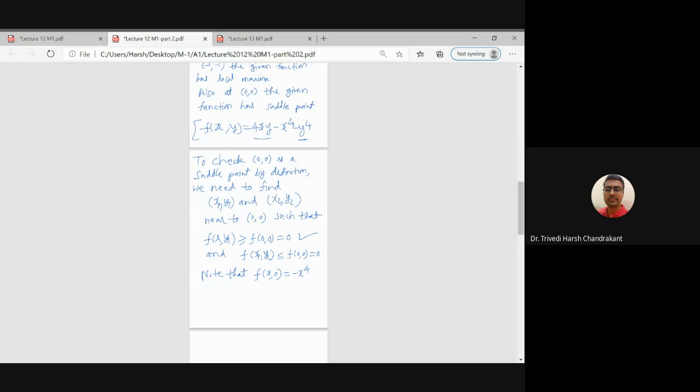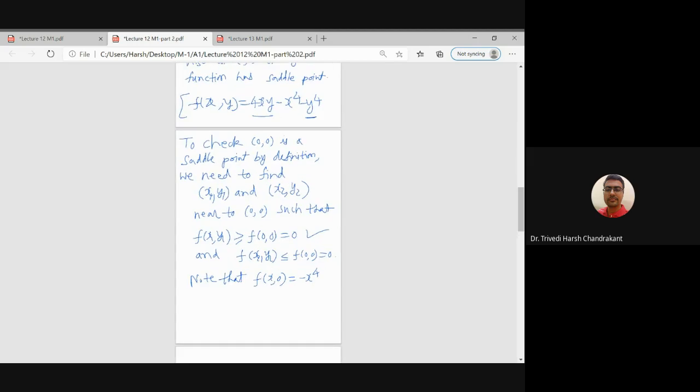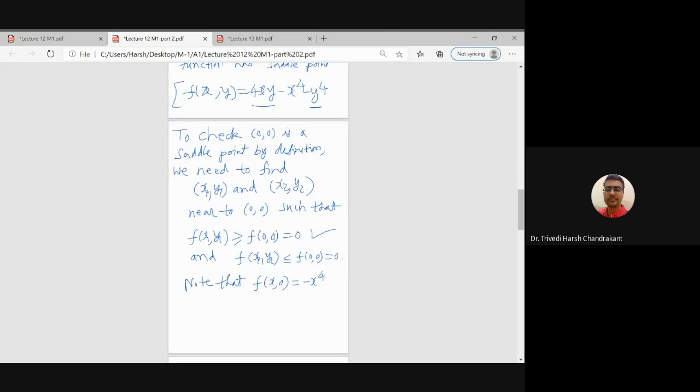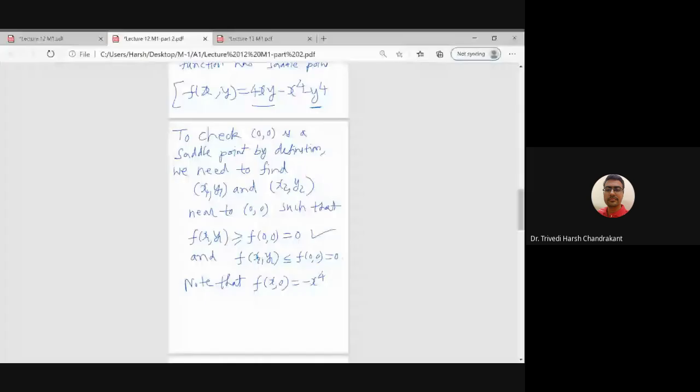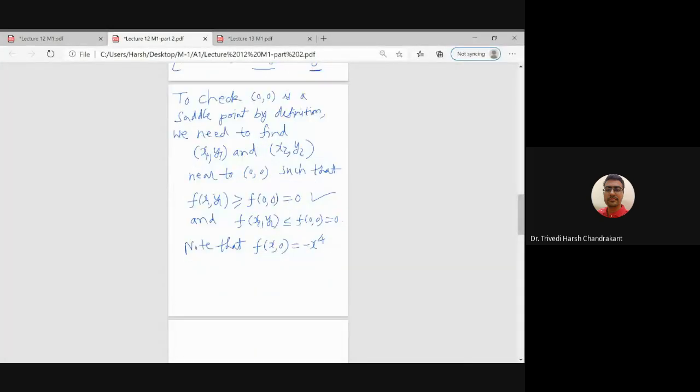Let us see what happens if we take, suppose, x = y. Then what will be the value of the function?